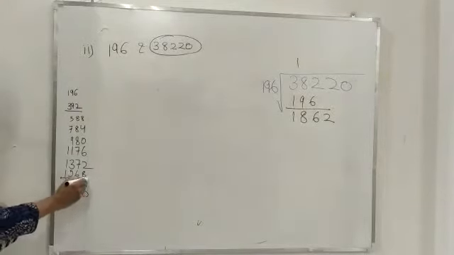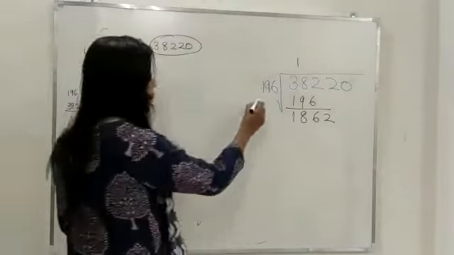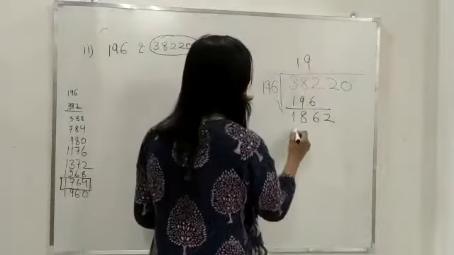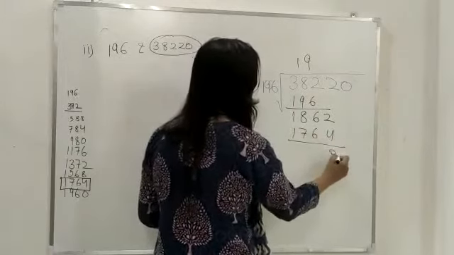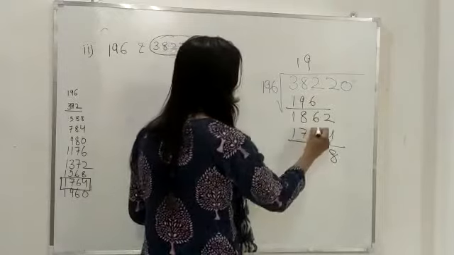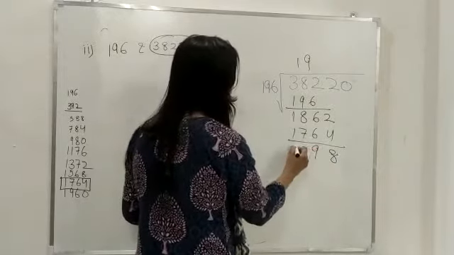So I can see this number 1764. 196 times 9 is 1764. So here I will get 8. Then here I will get 9, 0, 0.